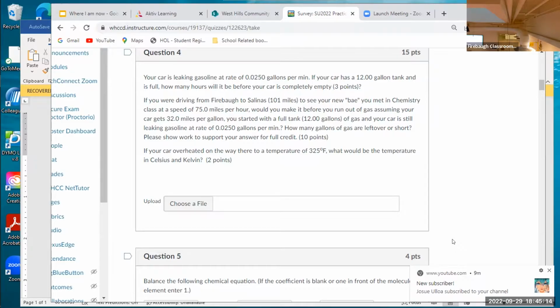On the bottom, 1.8. So these numbers, since it's the conversion right here, are considered to be exact numbers. So really all you're looking at is what's in here.